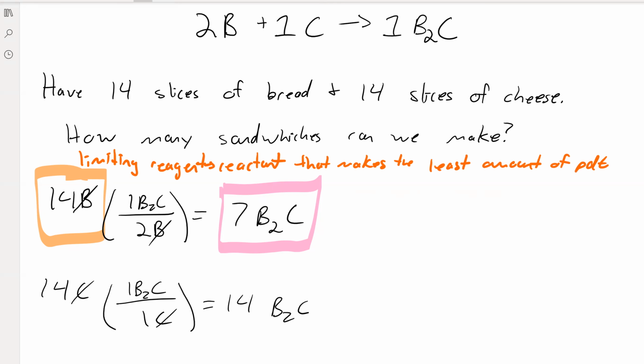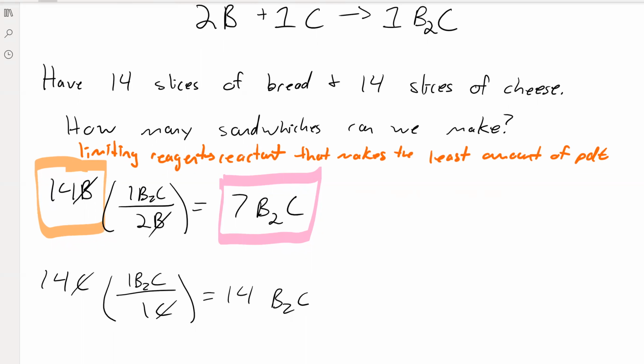So that's our limiting reagent, the bread, because that will only make 7 sandwiches. And that's the only amount of sandwiches that we're going to be able to make. And then the 7 sandwiches is our theoretical yield. So what that tells us is, if we have 14 slices of bread and 14 slices of cheese, we should be able to make up to 7 sandwiches.